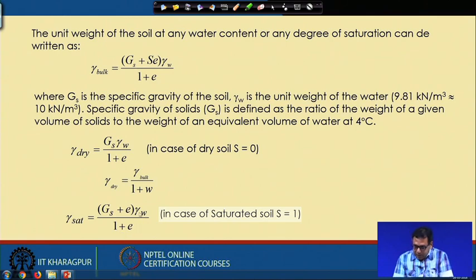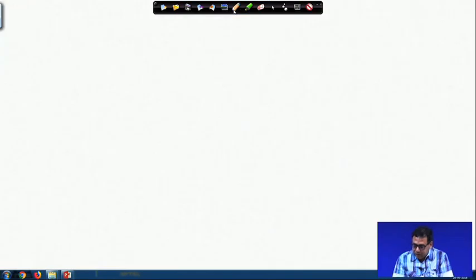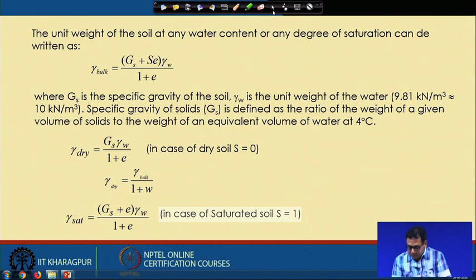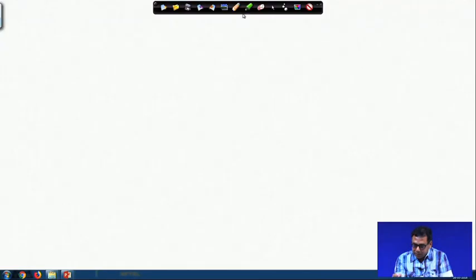So, another unit weight is there, gamma sat, the saturated unit weight.